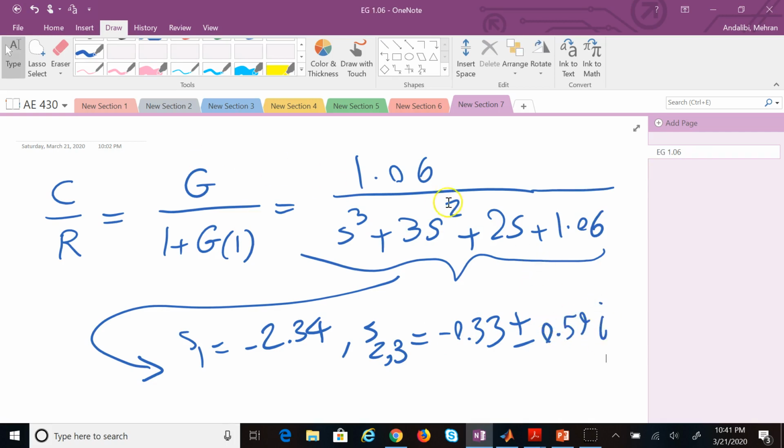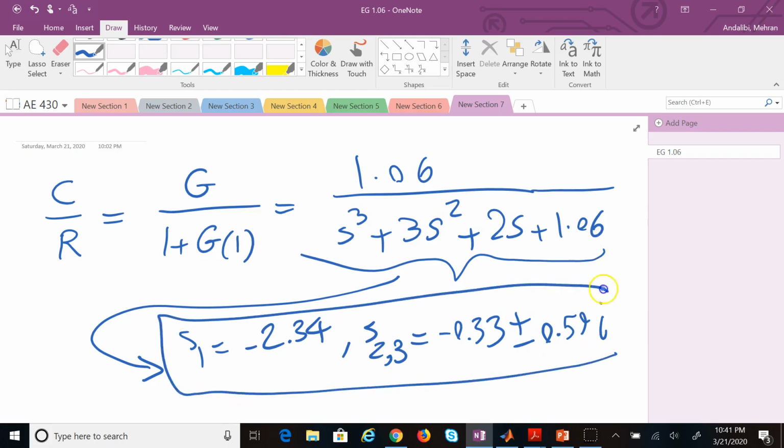So clearly this is not a second order system. We have 3 poles. One of them is a real number, quite bigger in magnitude than the real part of the others. So if you see here, these 2 will lead to what? To an underdamped behavior, oscillation with damping, but their damping is due to this term, exponential negative 0.33t.